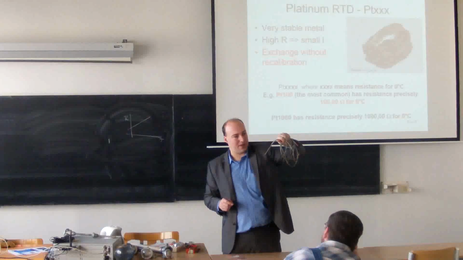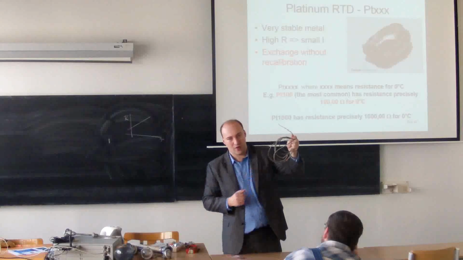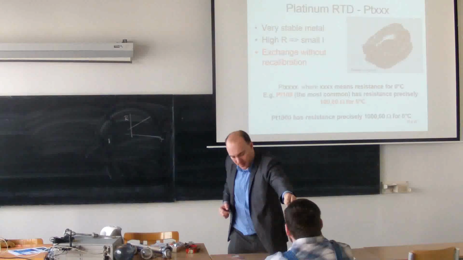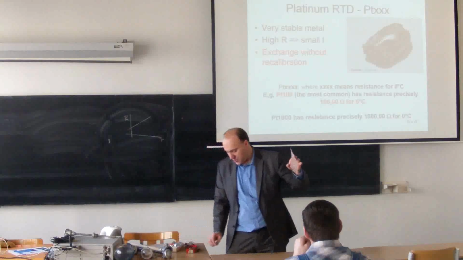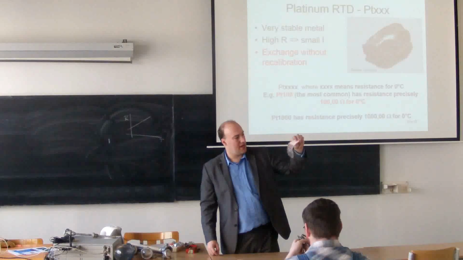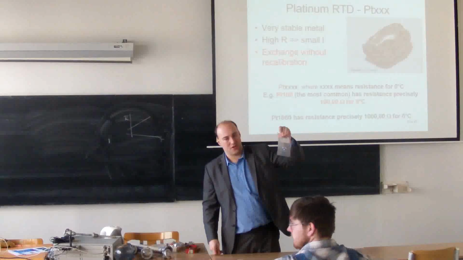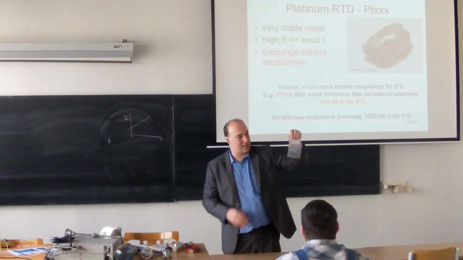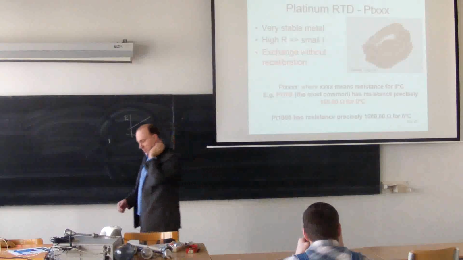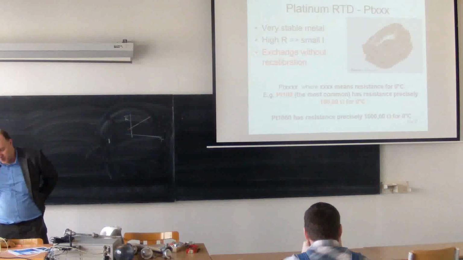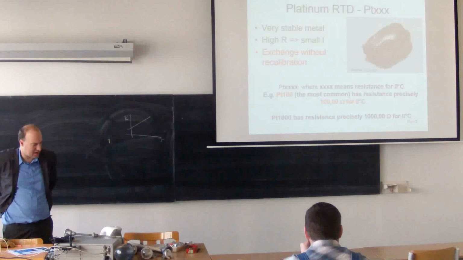Inside there is a platinum wire, and on the output we measure electrical resistance. A different version is shown here, called the thin film version. It's a platinum layer based on some chemical process. We'll also see more of those sensors in the lab.